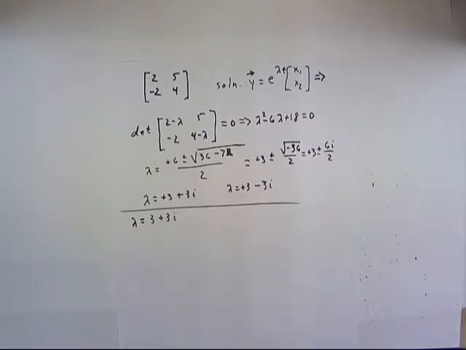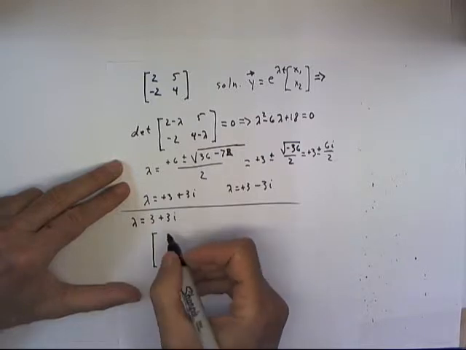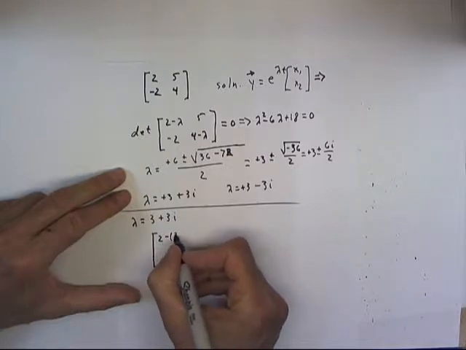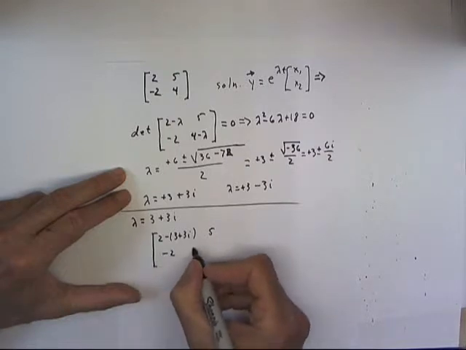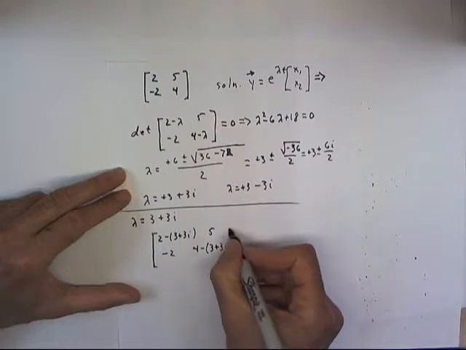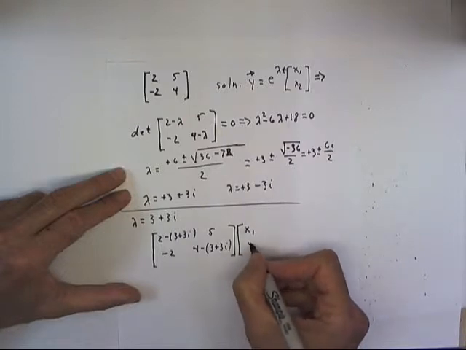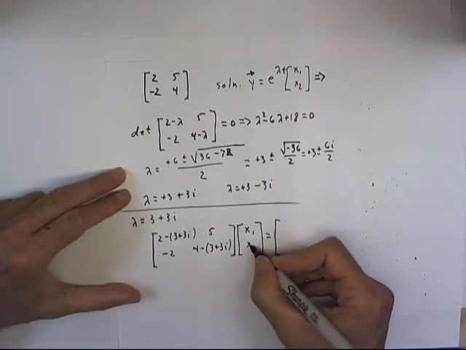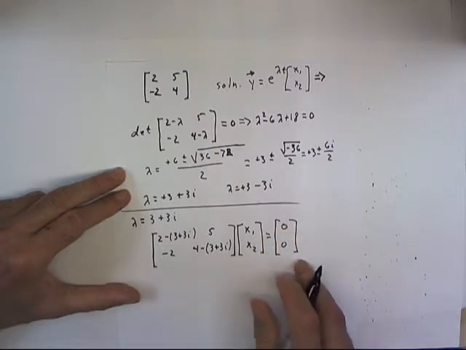So if lambda equals 3 plus 3i, then our eigenvalue equation becomes 2 minus the quantity 3 plus 3i, 5, negative 2, 4 minus the quantity 3 plus 3i. And if you recall where all this comes from, our equation will be, for the eigenvector x1, x2, this.